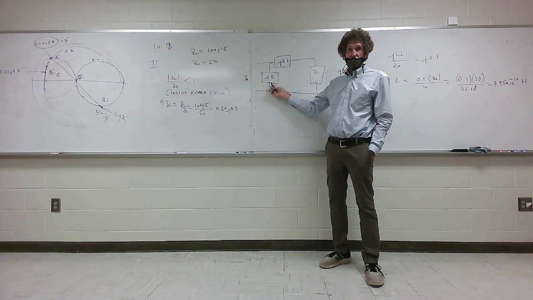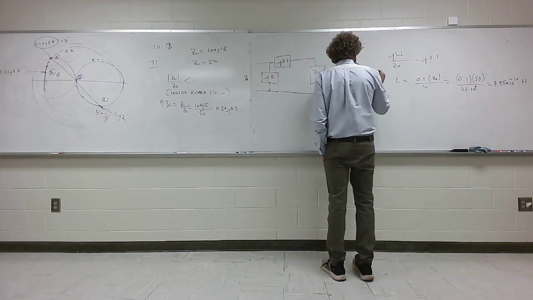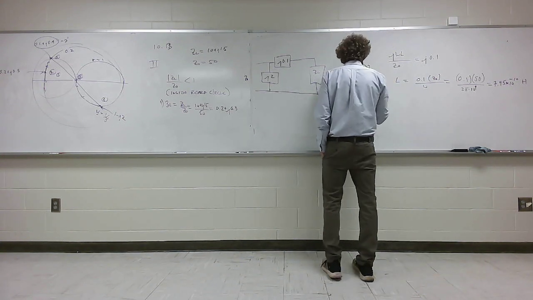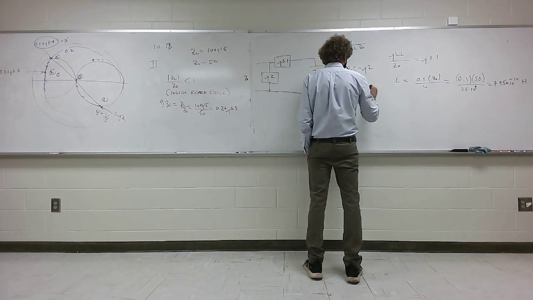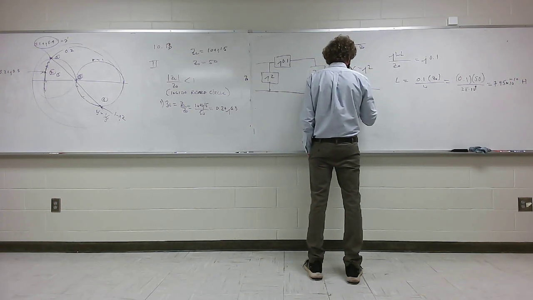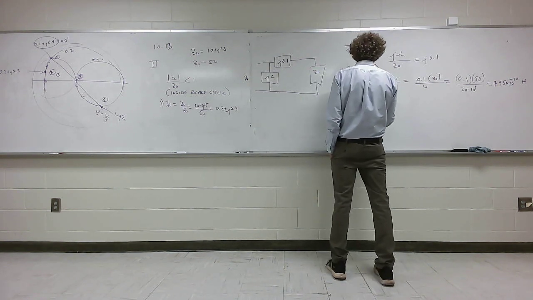Right? Y'all with me? So that's J2. And that means C is equal to 2 over Z naught, and then it's going to be divided by omega.